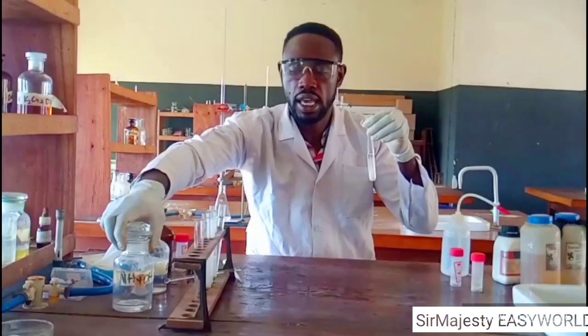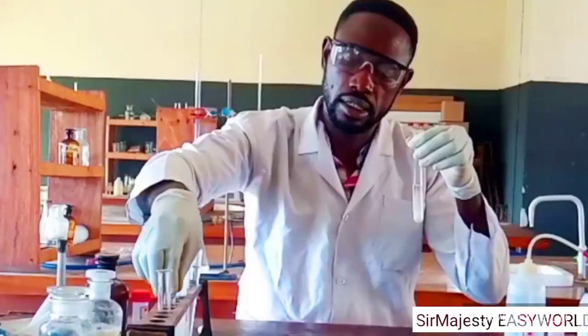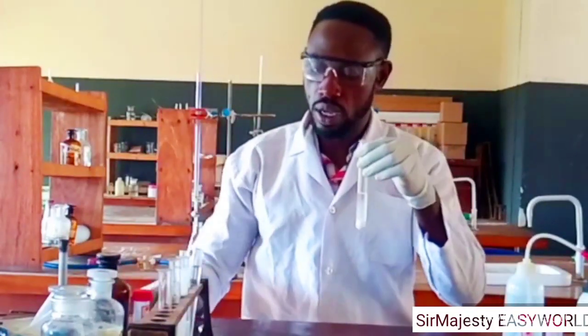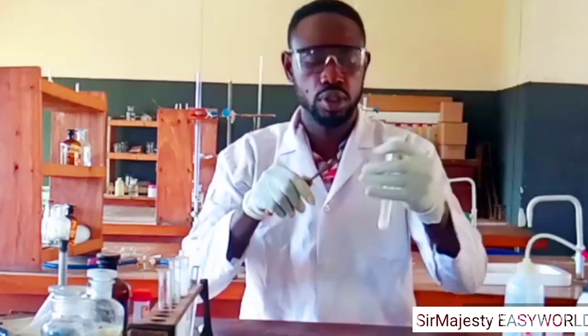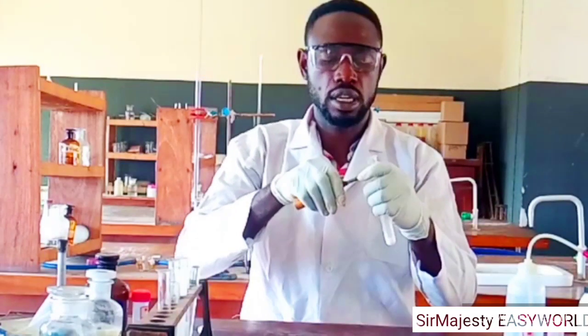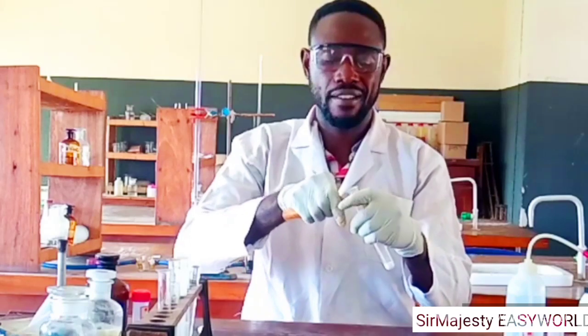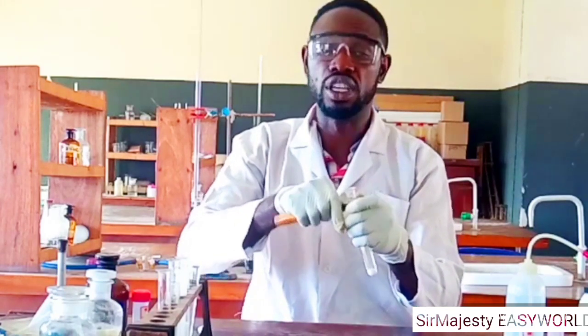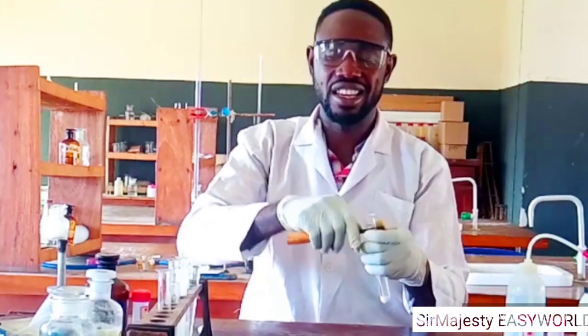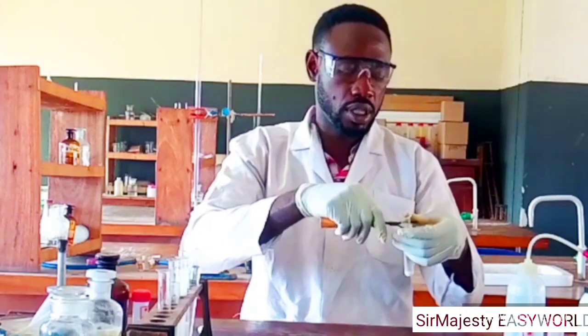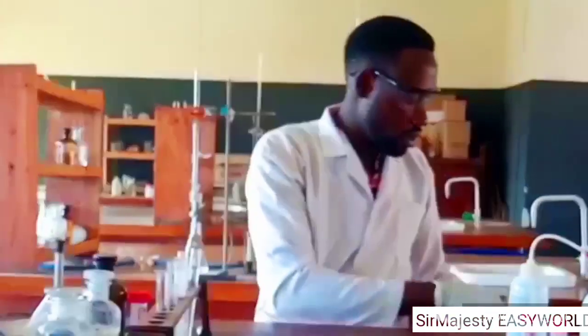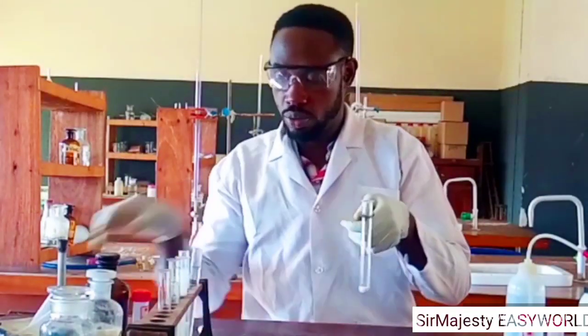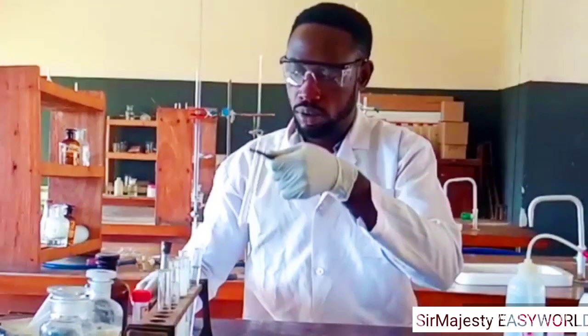So I mixed both L and E. Now I'm going to warm. It's expected that the precipitate will disappear on warming, or on heating actually, and then if I keep it for a long time, the precipitate will return. Okay, this is my burner.